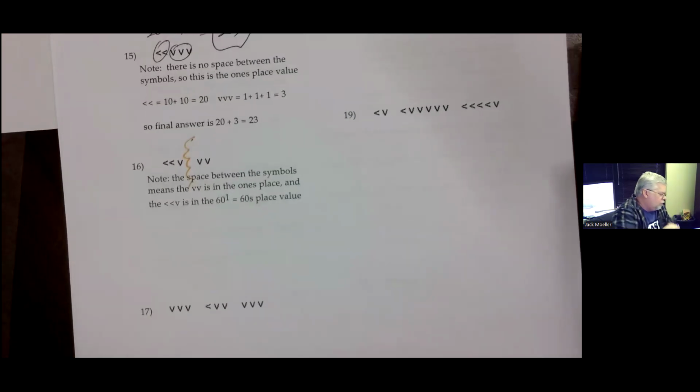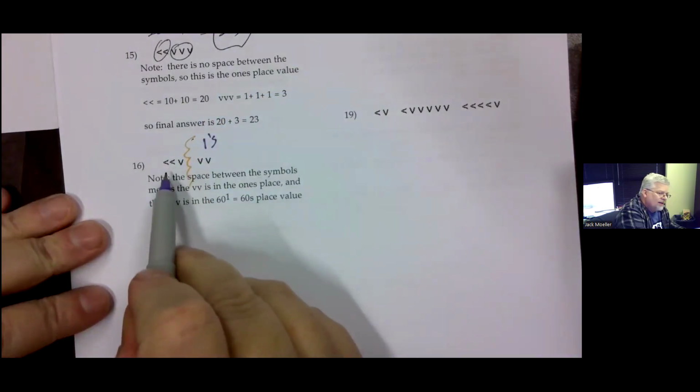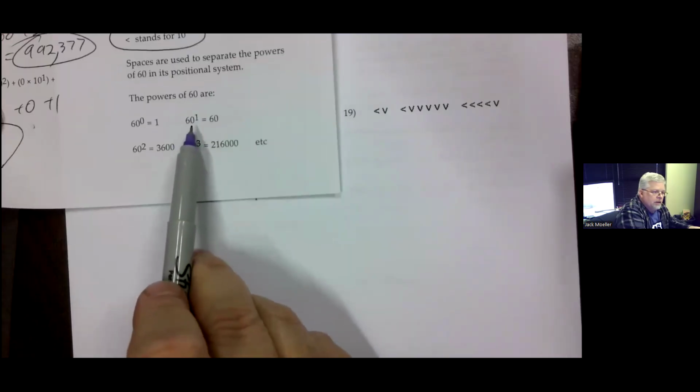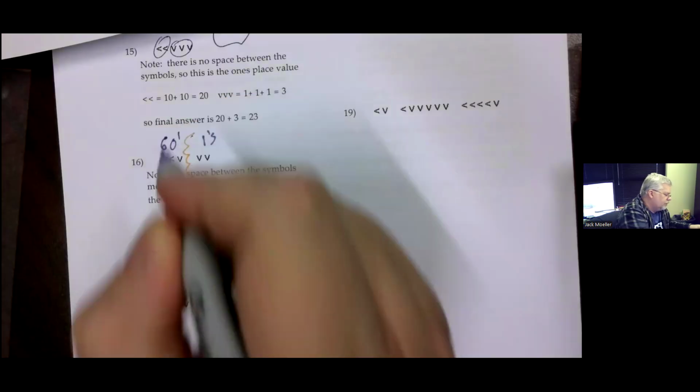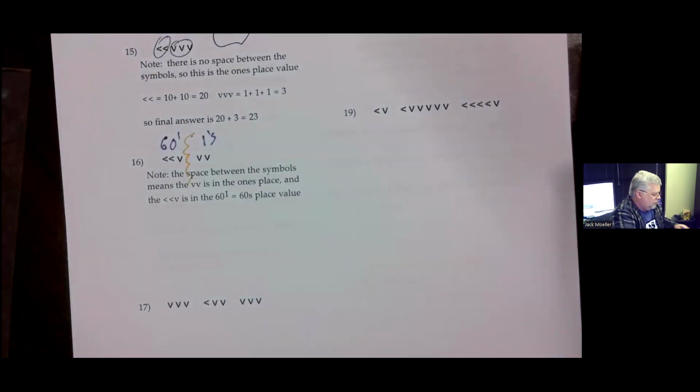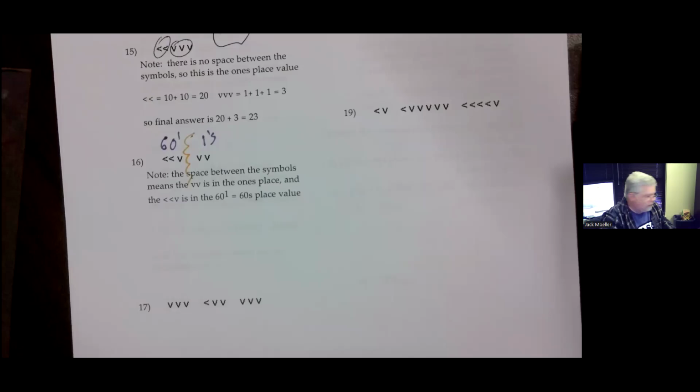All right, the right side, that is the ones place value. The left side, for us, would be the tens. But remember, Babylonians are base 60, so this is the 60 to the first place value. What we need to do is treat these each separately and then do expanded form.